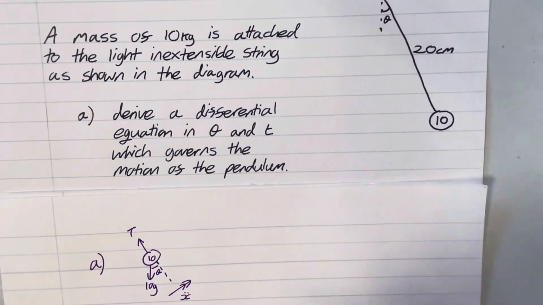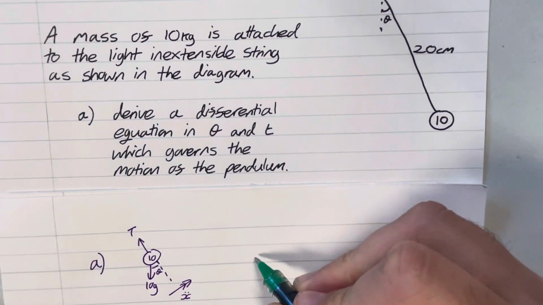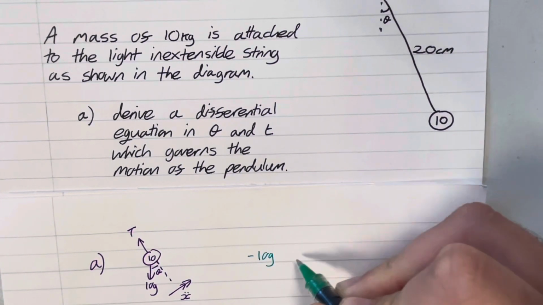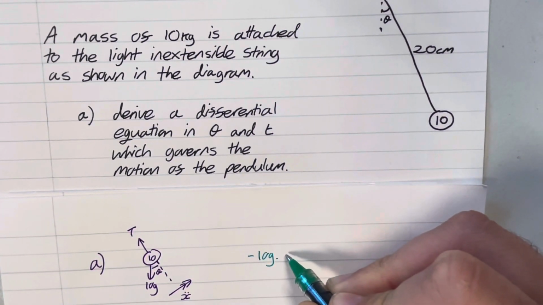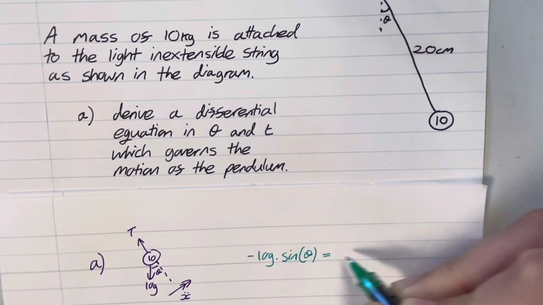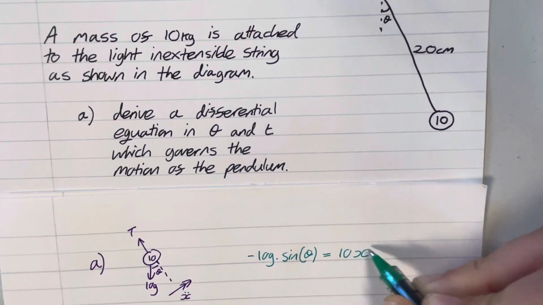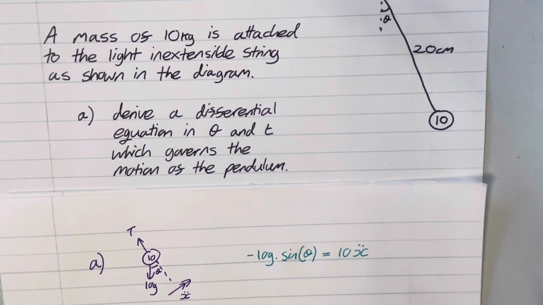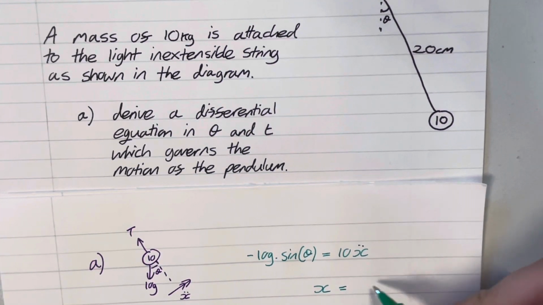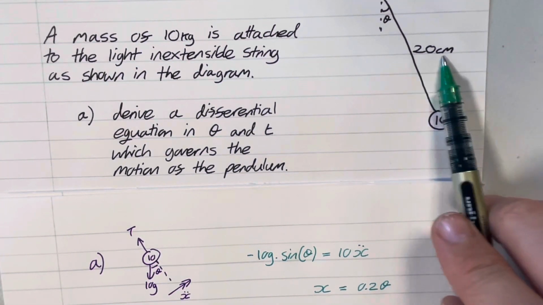And then if I apply F equals ma in that positive direction, then I'll end up with minus 10g times sine of theta equals the mass, which is 10 times x double dot. X double dot, well, x is 0.2 theta because it's 20 centimeters.